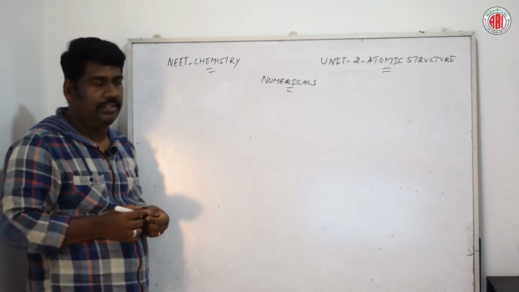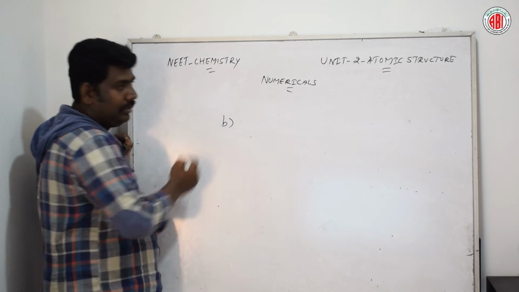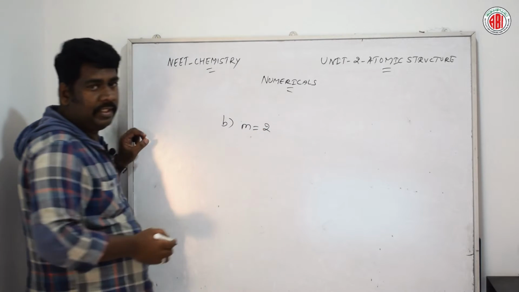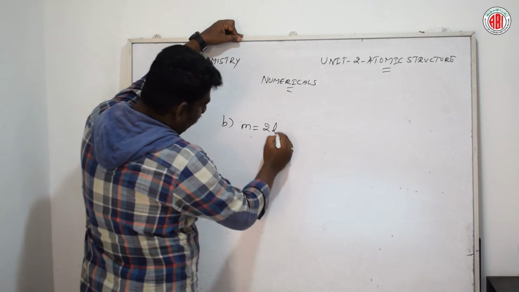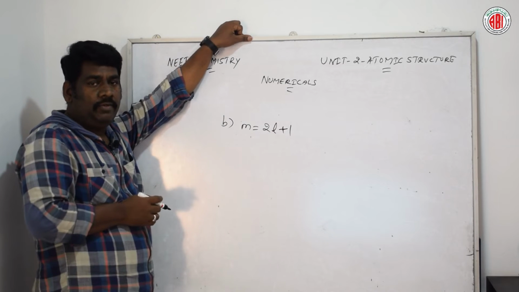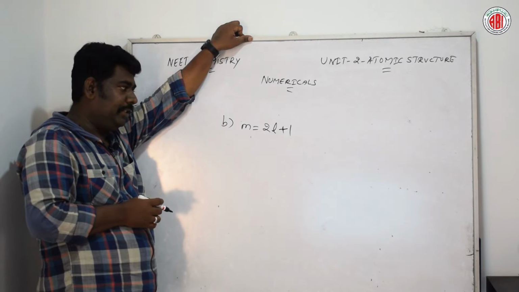So according to this question, you see option B. Here the m value is equal to 2l plus 1. That means L is equal to 2 and m is equal to 5.